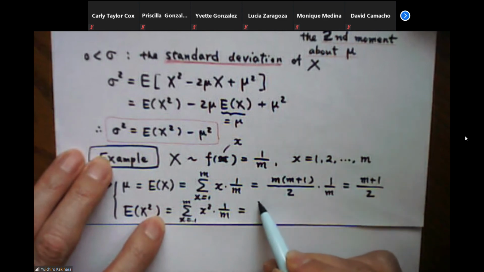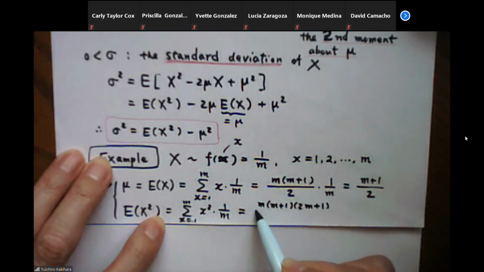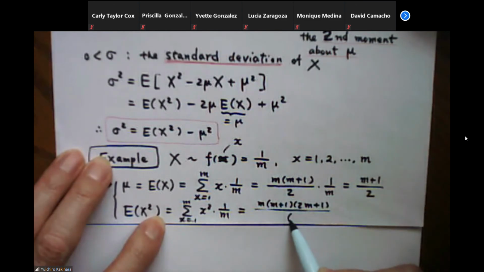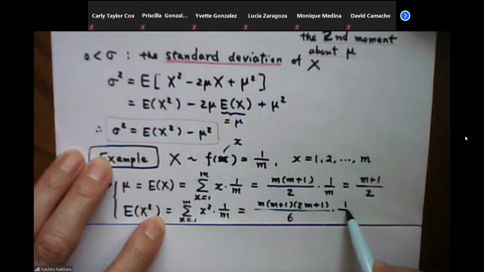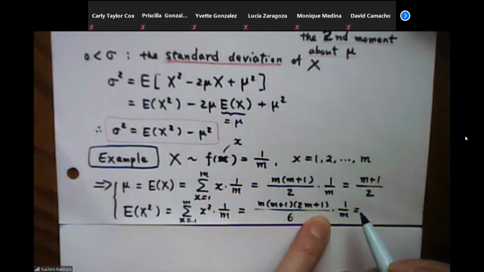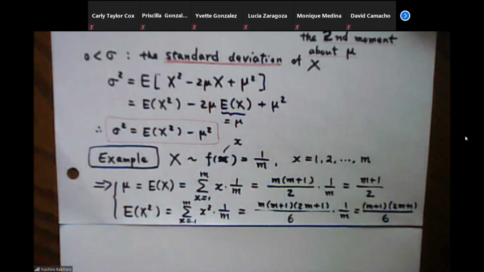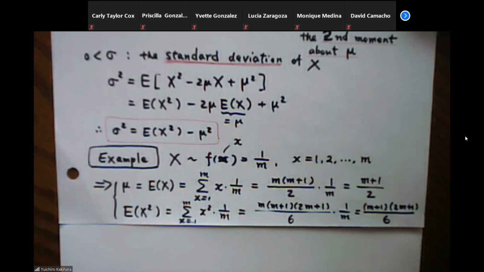That is m times m plus 1 times 2m plus 1, divided by 6, and times 1 over m. So the m's are cancelled. We can't cancel m plus 1 and 2m plus 1. And divided by 6. Okay? This is the second moment.